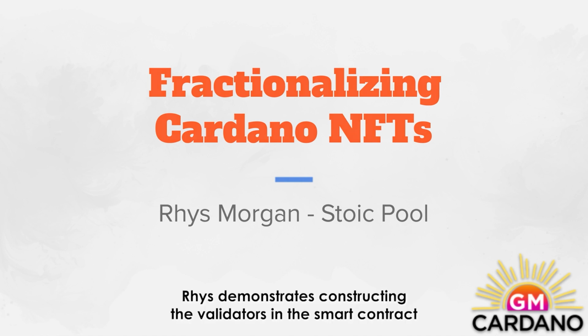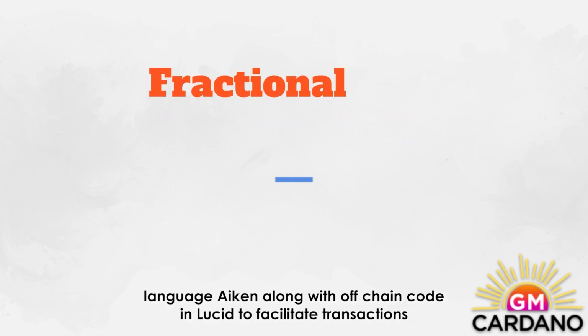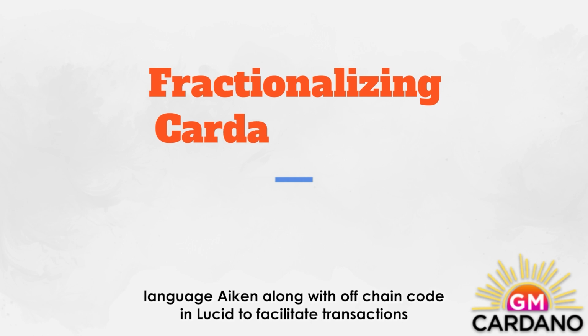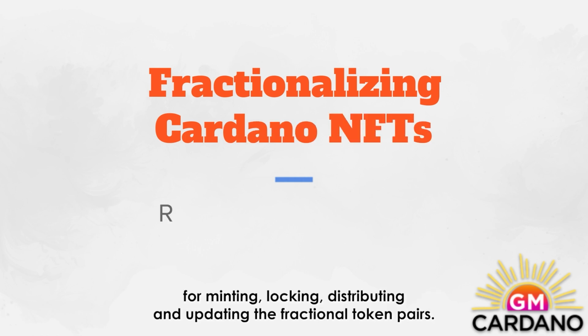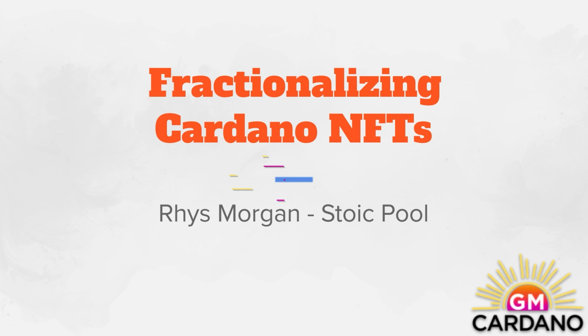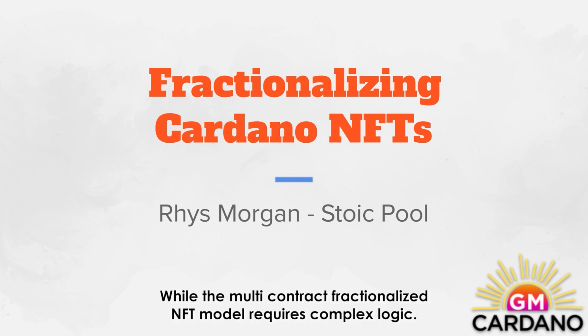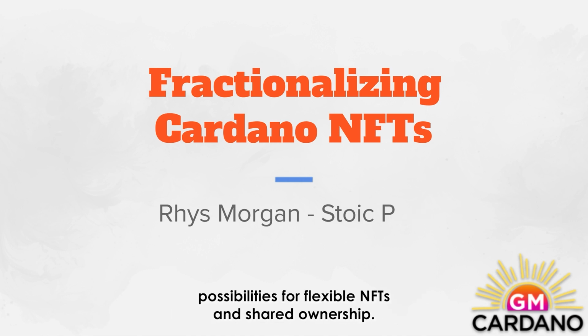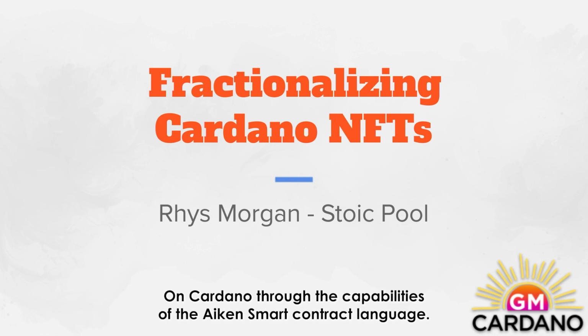Rhys demonstrates constructing the validators in the smart contract language Aiken, along with off-chain code in Lucid, to facilitate transactions for minting, locking, distributing, and updating the fractional token pairs. While the MultiContract fractionalized NFT model requires complex logic, it showcases expanded possibilities for flexible NFTs and shared ownership on Cardano through the capabilities of the Aiken smart contract language.